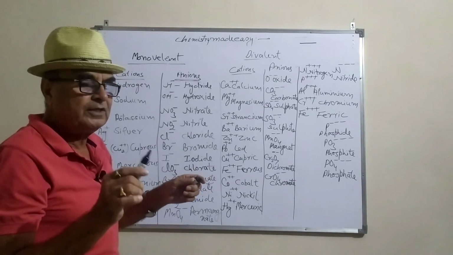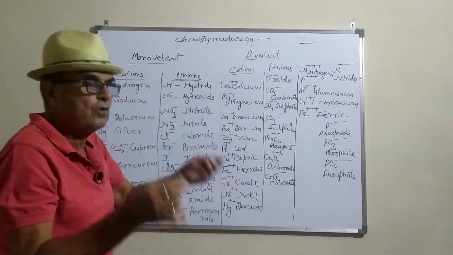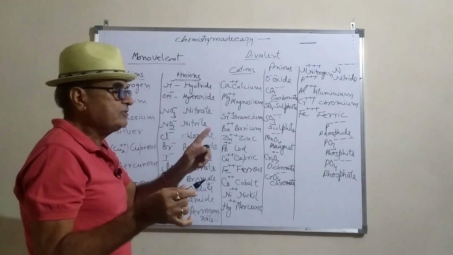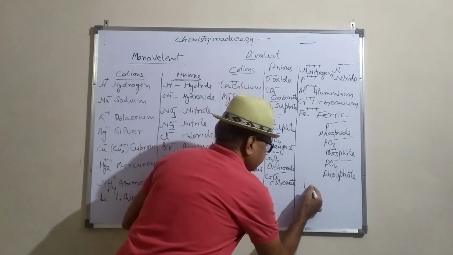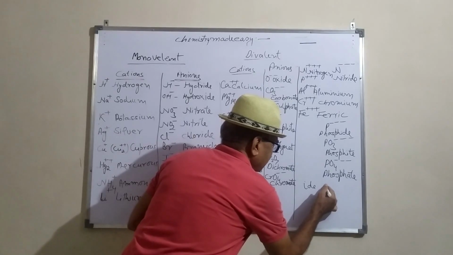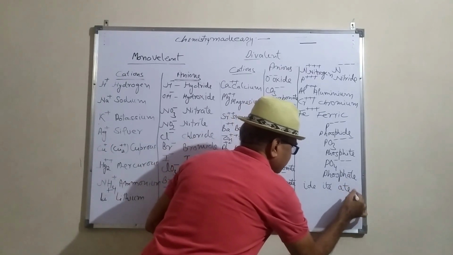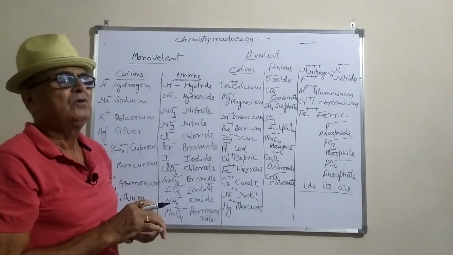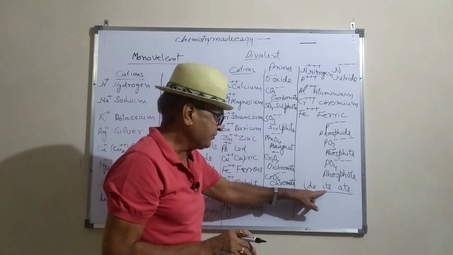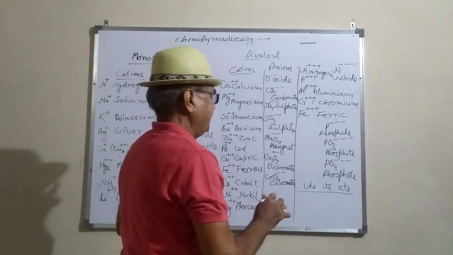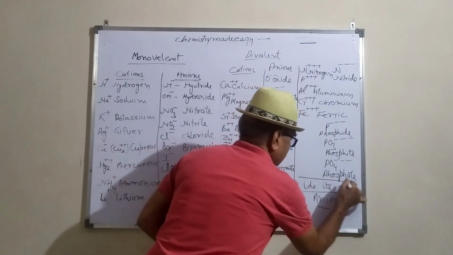Now for the difference between cations and anions: the ions which end with the sound of ide, ate, and ite are anions. Note it.